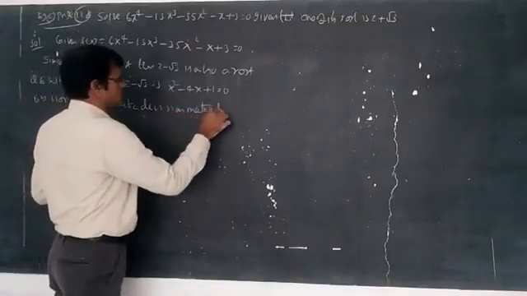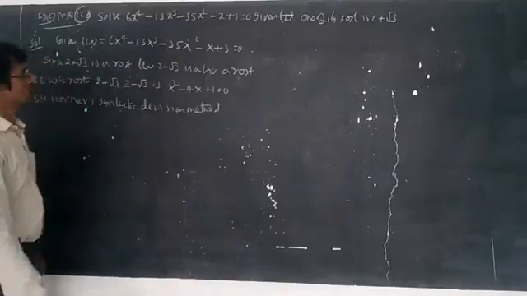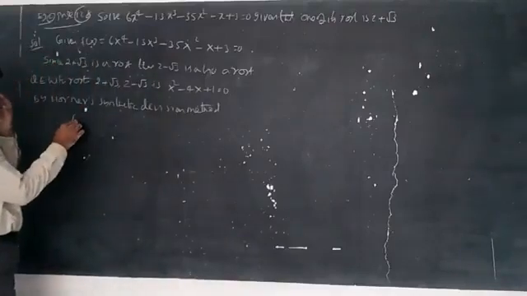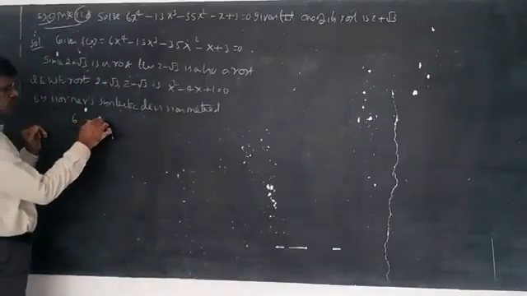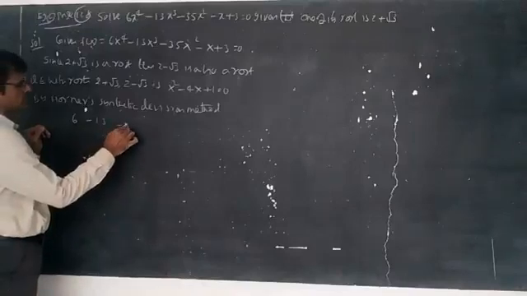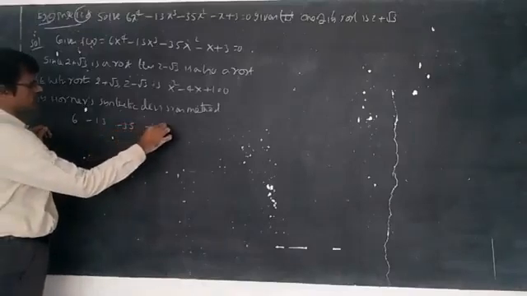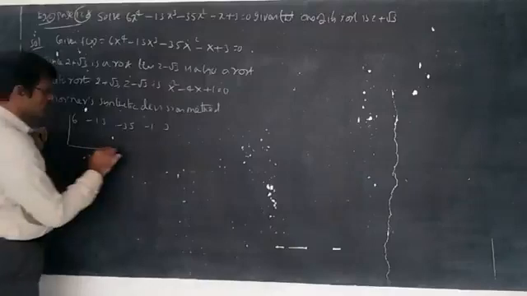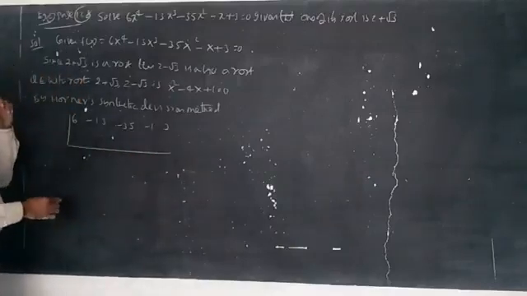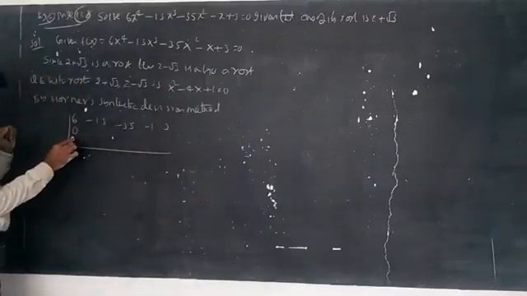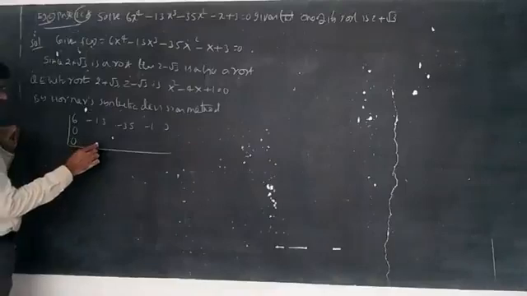Now by Arnold's synthetic division method, write the quotient coefficients 6, minus 13, minus 35, minus 1, 3. We are dividing the quartic by the quadratic.